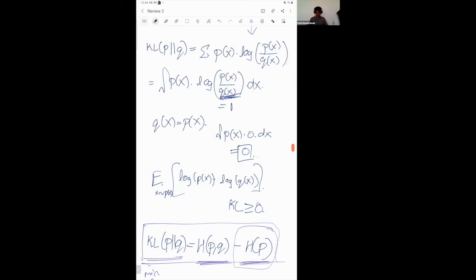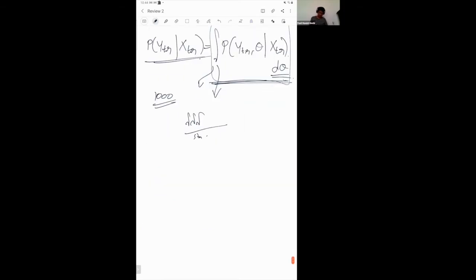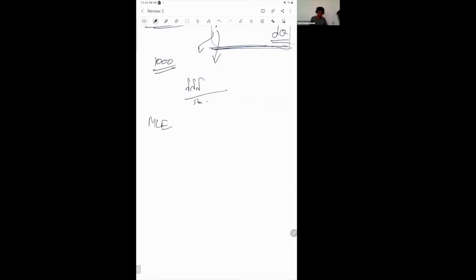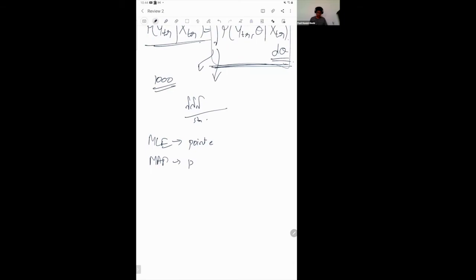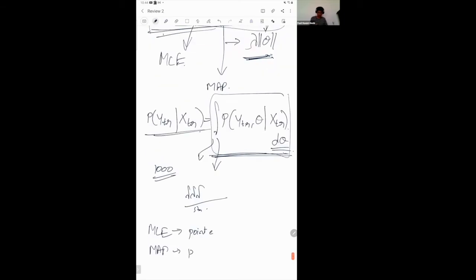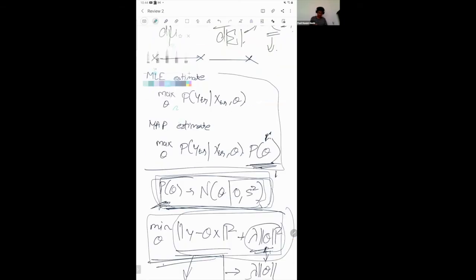The one thing I wanted to say is, after MLE you would get a point estimate. After MAP, you would also get a point estimate, because in both of these you are just doing a maximization over this theta.